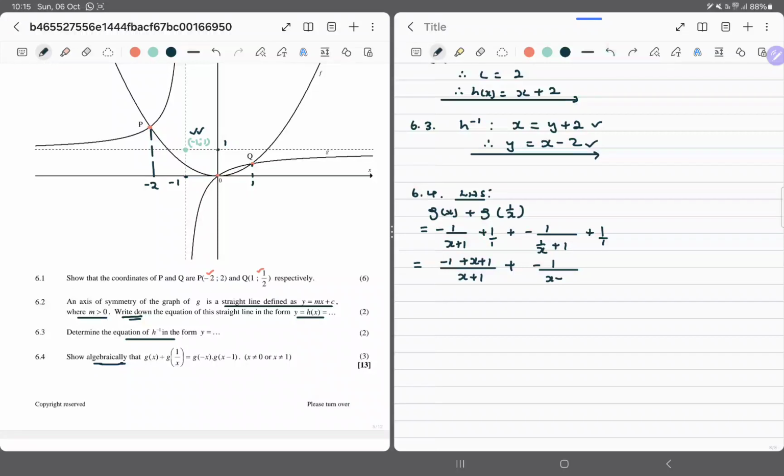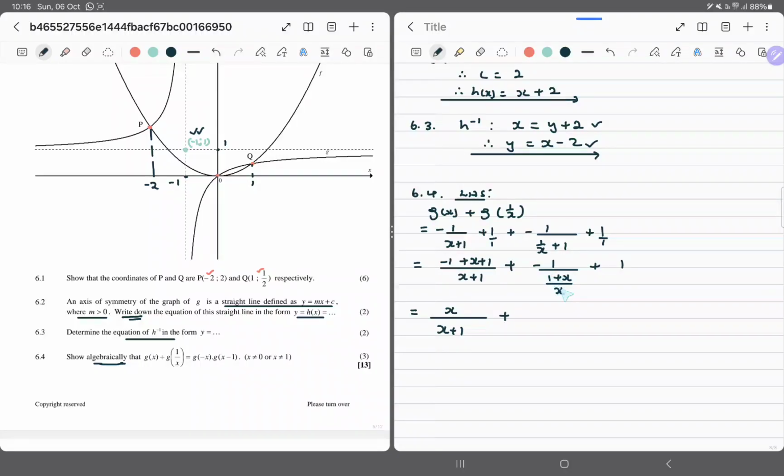Or we can say it's 1 plus x, it doesn't really matter. You can say this is 1 plus x all over, the common denominator is going to be x, alright? Then we have plus 1 over there. Okay, so this one sorts itself out, we end up with x over x plus 1.